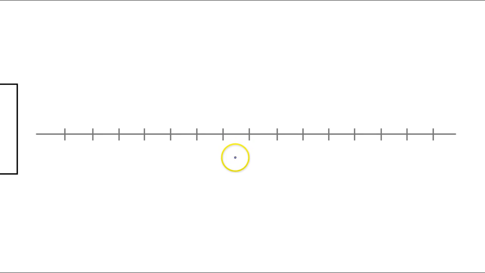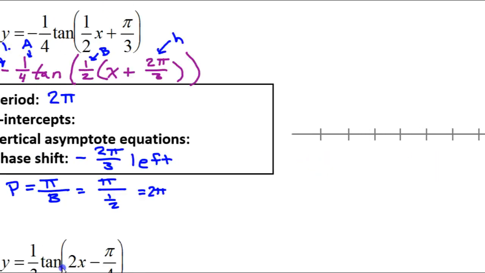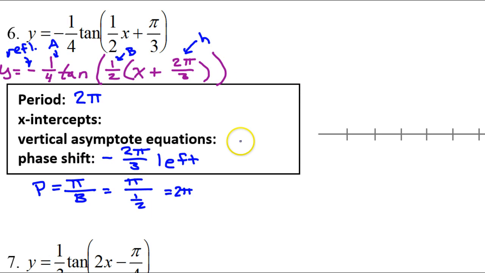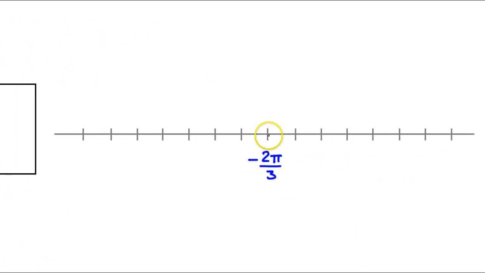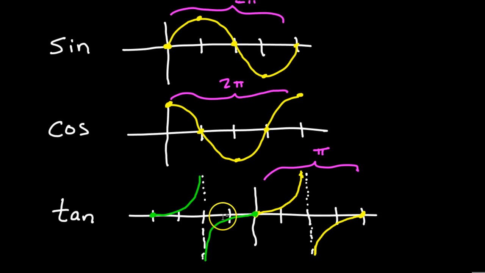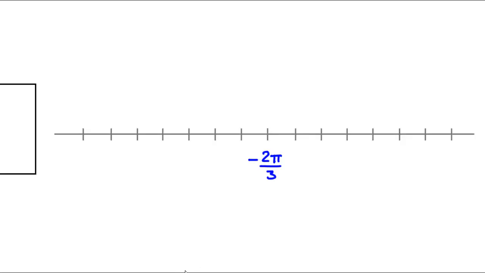Okay, so I'm going to put negative 2 pi over 3 in the middle of my graph. And so I know there's no vertical shift, there's no vertical translation. So that point that normally is at 0 has now shifted over to the left to this value of negative 2 pi over 3.